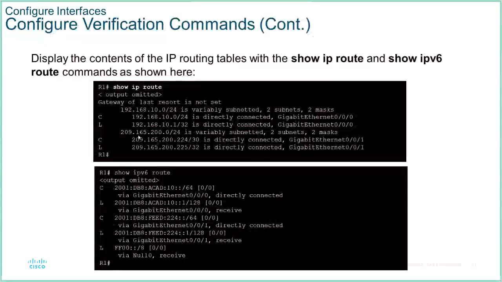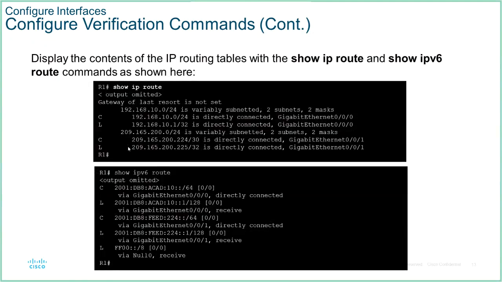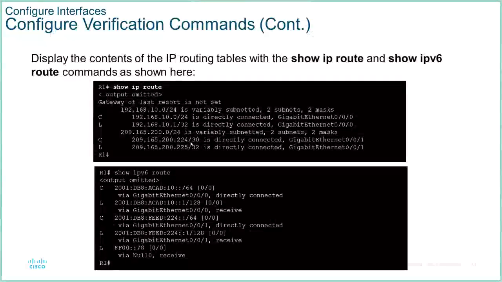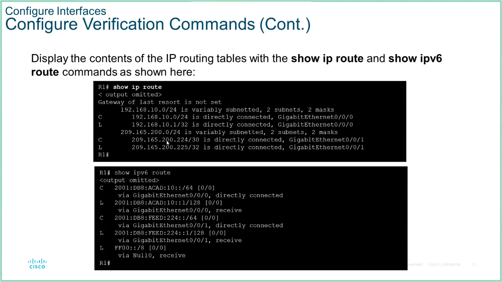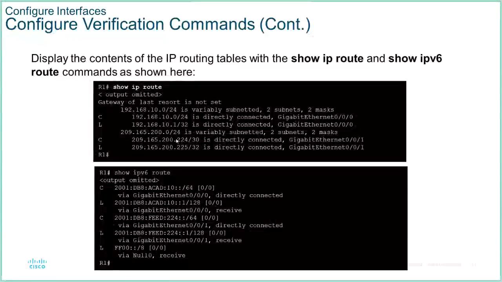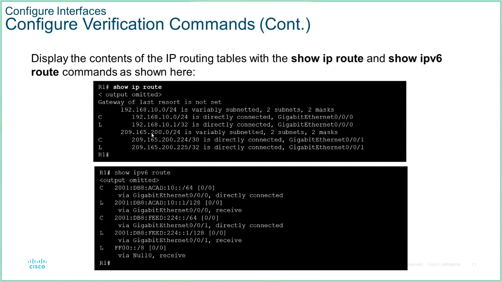Next, we have the 209.165 network, which is part of this subnet, which is part of this parent. Now we'll get into parent and child routes and how that works later on.